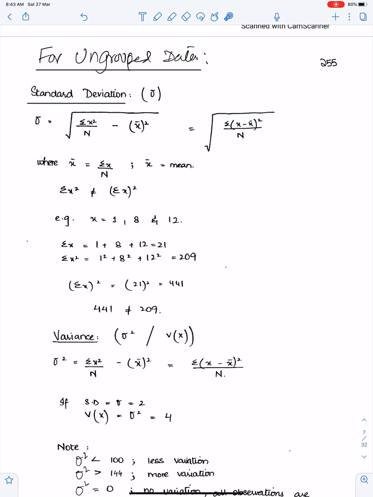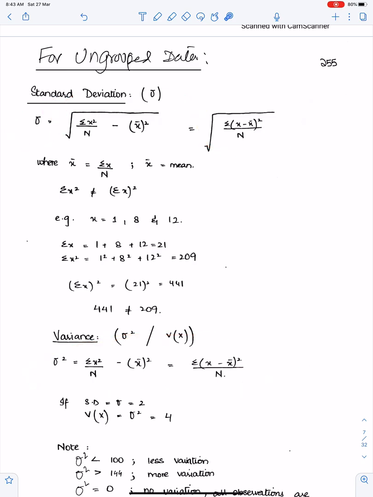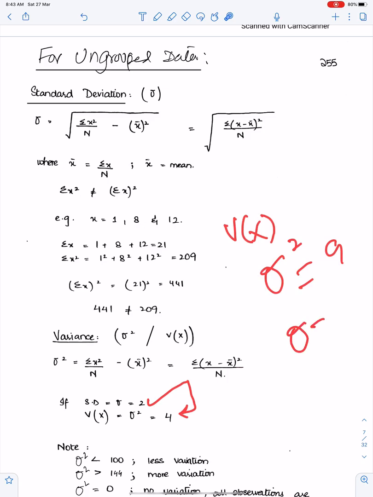I mean, if you remove this square root and this square root, you can get the formulas of variance, because variance is the square of standard deviation. So if standard deviation is 2, by squaring 2 we can get variance. Or if variance is, let's suppose 9, by taking square root on both sides we can get the standard deviation.